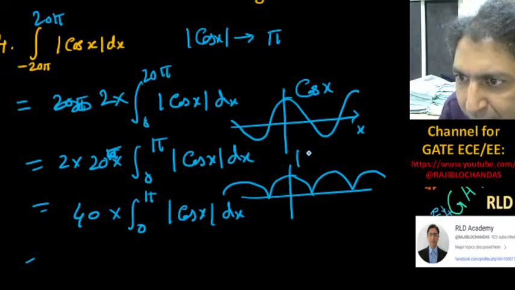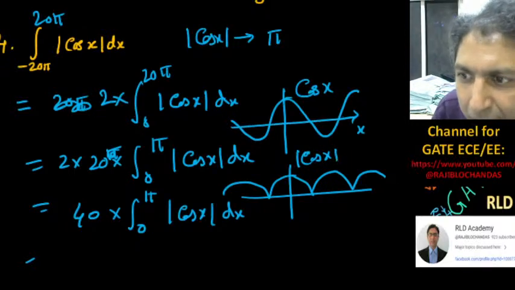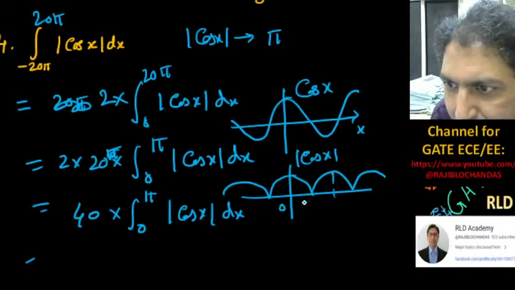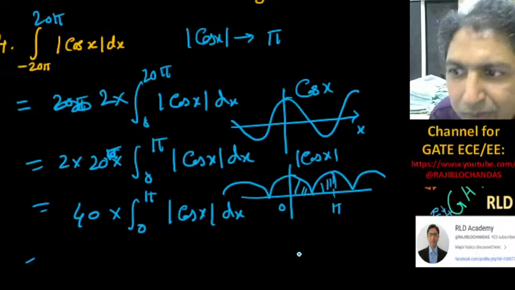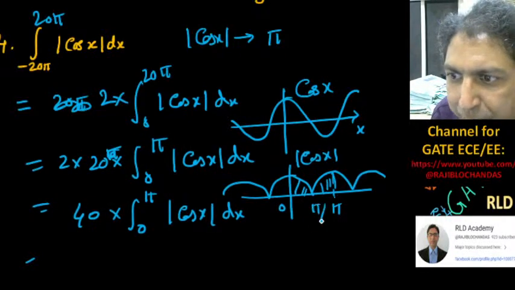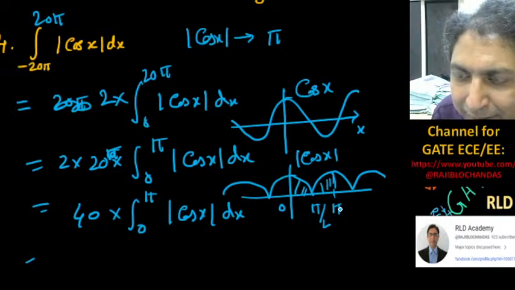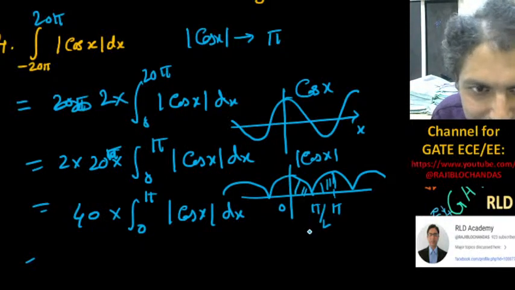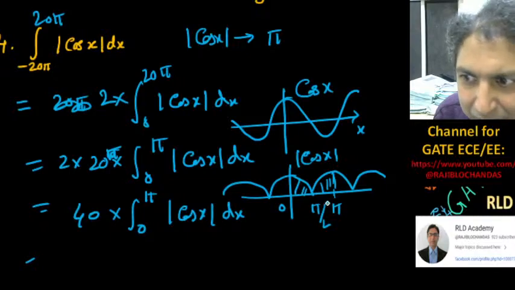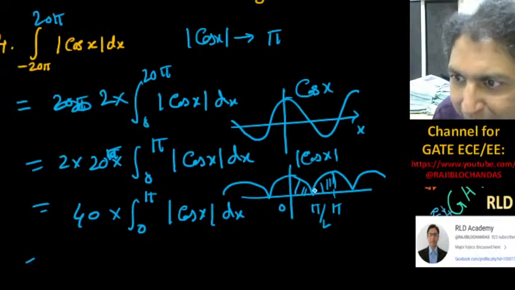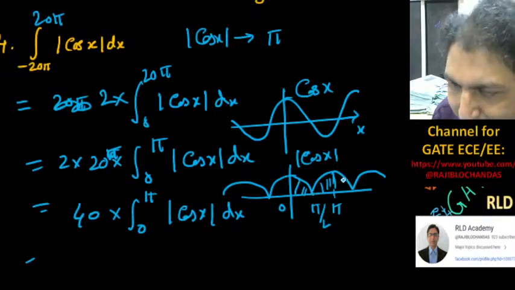This is mod cos x. Now this is your 0 to pi, so this area we need to compute. You can easily see that 0 to pi by 2 and pi by 2 to pi is again symmetrical. It is very symmetrical. So 0 to pi by 2, what is the area? It is 2 times that.